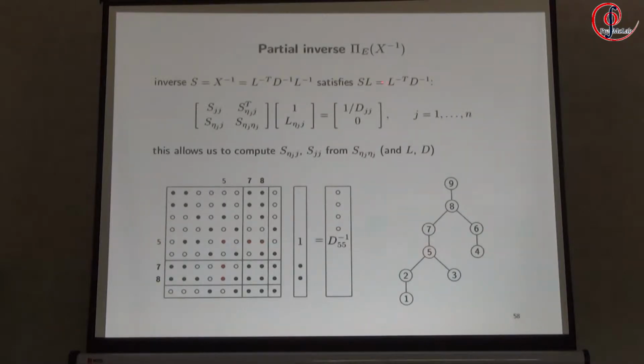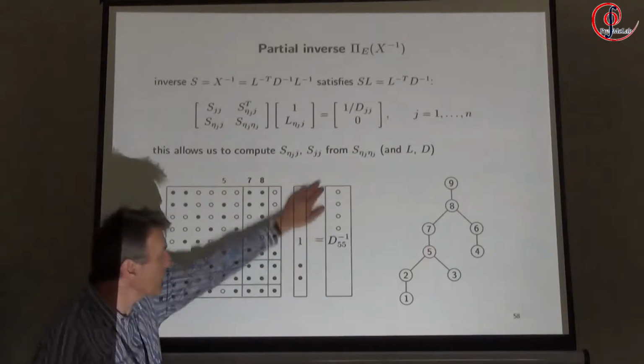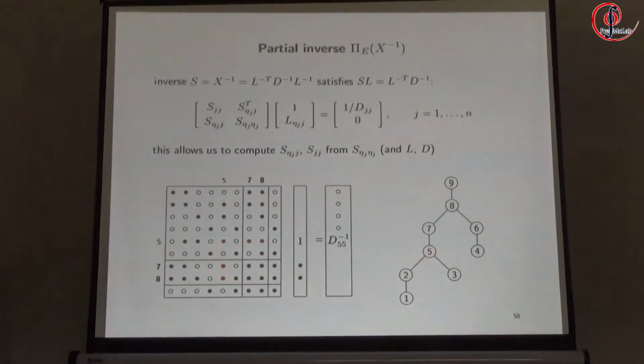The right-hand side, column j, is the inverse of the transpose of L times the diagonal matrix. The transpose of the inverse of L will be upper triangular with a 1 on the diagonal, because L is unit triangular. So this will have some entries above the diagonal, and then the inverse of d5 in that position.